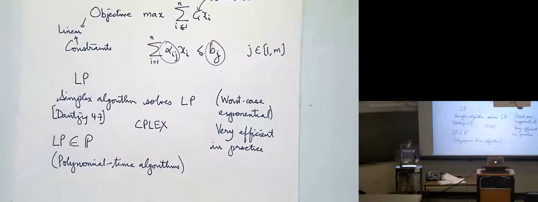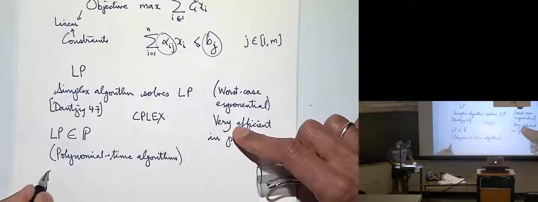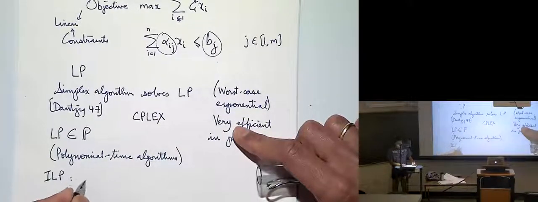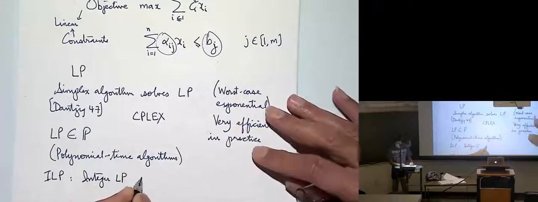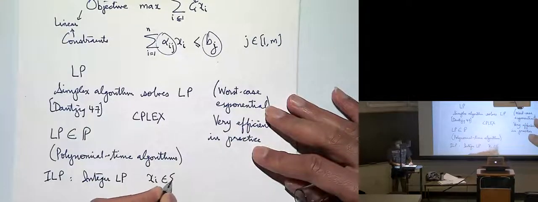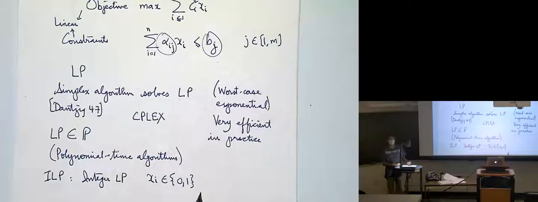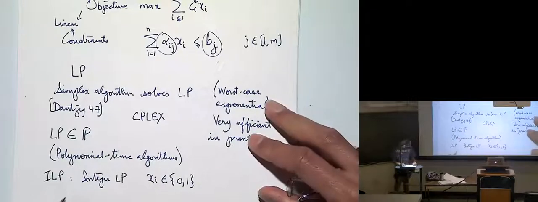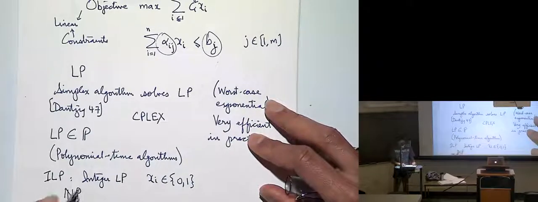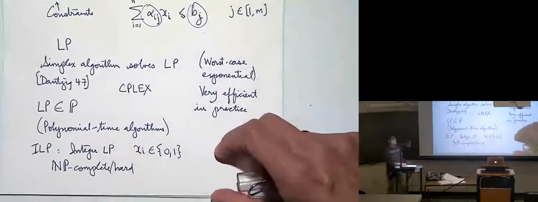And sometimes what people will solve is something called an ILP, which is an integer linear program, where maybe now you want the xi's to be in 0 and 1. Like maybe you want them to be integers. In this case, the ILPs are actually NP, well, I'll say NP-complete or hard, depending on how you formalize it.